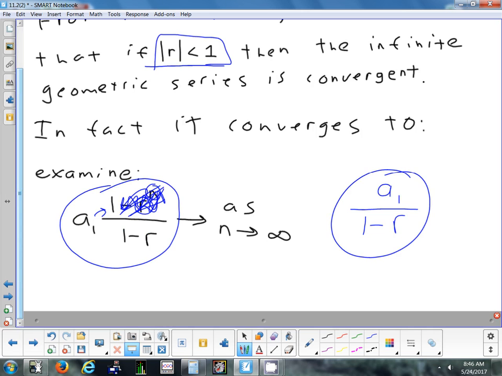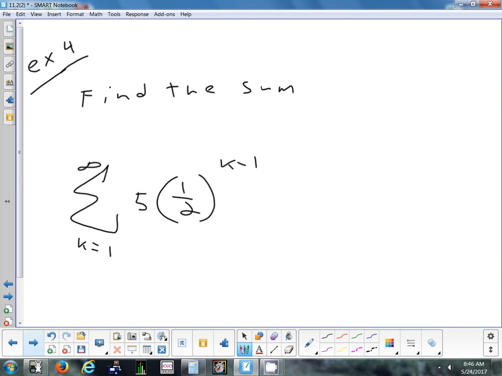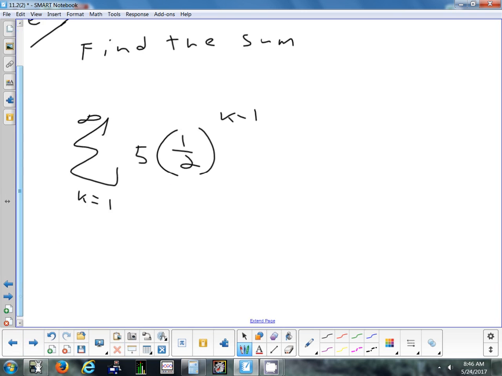All right, so let's use the formula we just came up with, a sub 1 over 1 minus r, to find the sum of an infinite geometric sequence. Those are the two things we need to identify. What's a sub 1 here? 5.